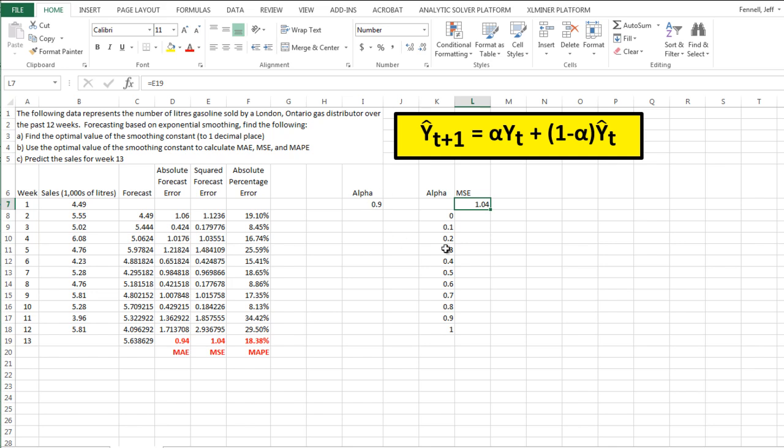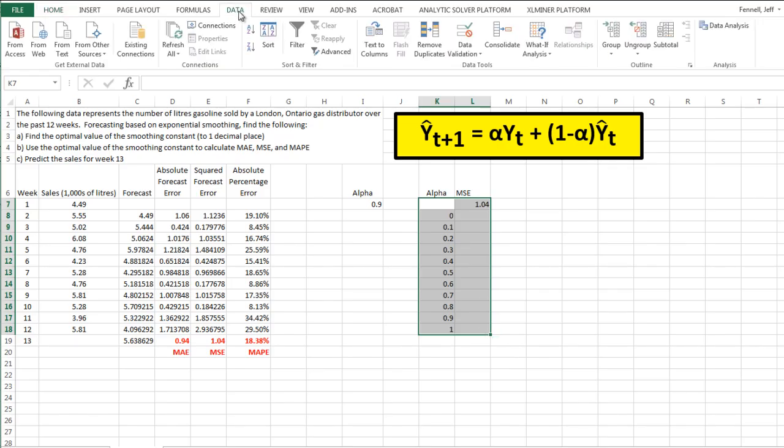And as you sub all these values into this cell, how will that affect the mean squared error in the end? So to make this work, we highlight both of these columns, from my blank first column under alpha all the way down to the highest possible alpha of 1, and also all the MSE column.